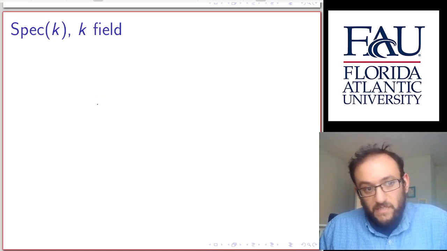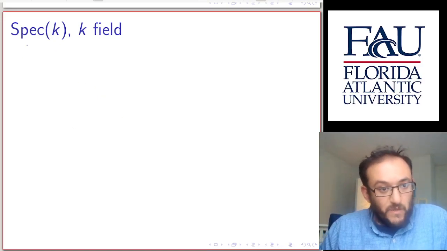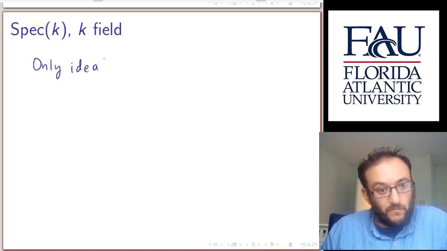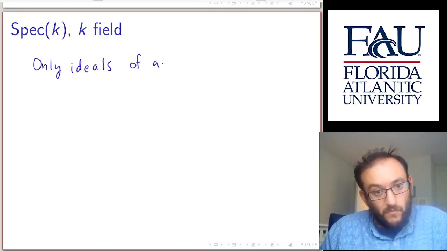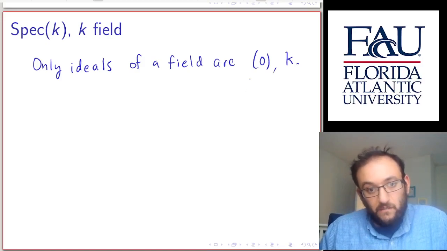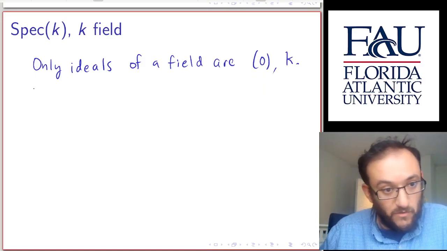So the first example is Spec k for k a field. As we know, the only ideals of a field are the zero ideal and the whole field. But the only one of those which is prime is 0.